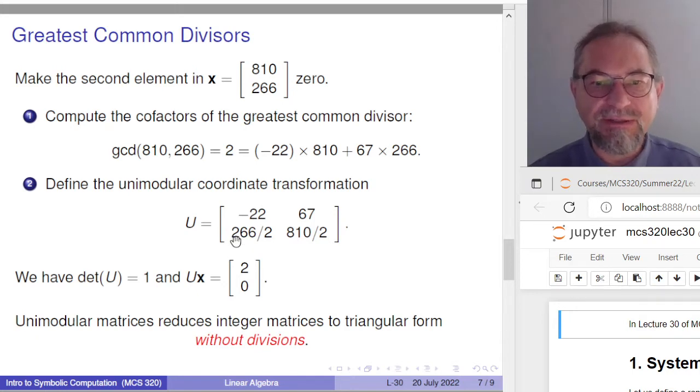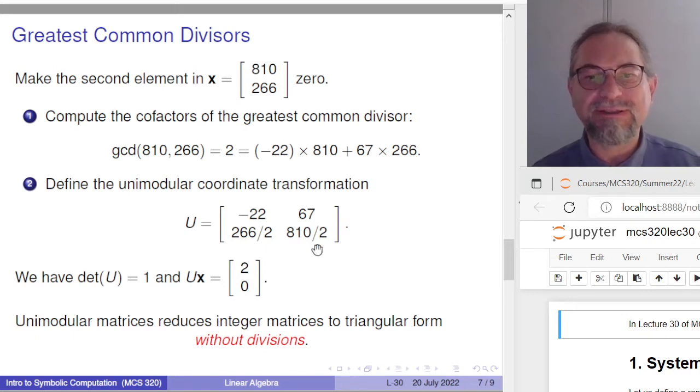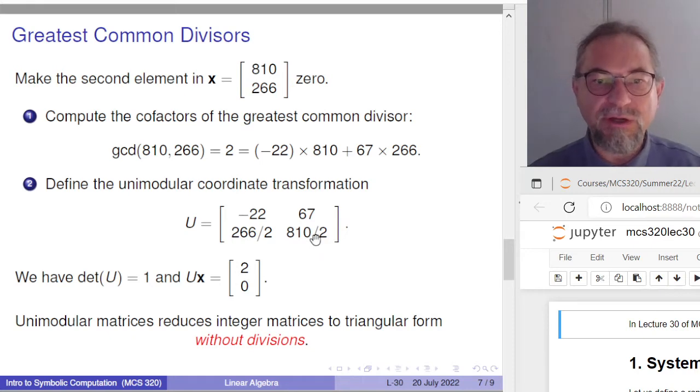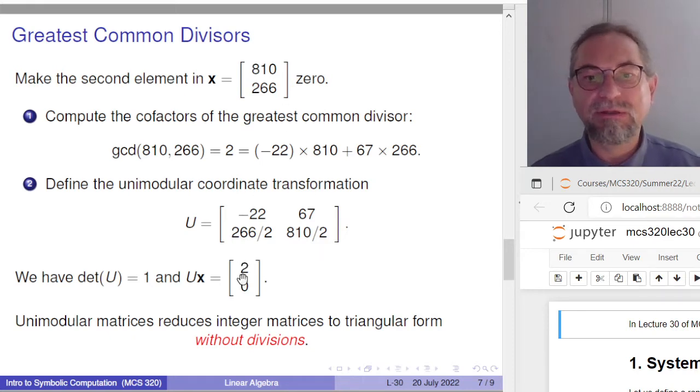If there is a negative in front of the first number here, then when you do the matrix vector product, the second element will be 0, and the first element will be the greatest common divisor by the property of these cofactors. So modulo this sign error here, I hope you get the idea.